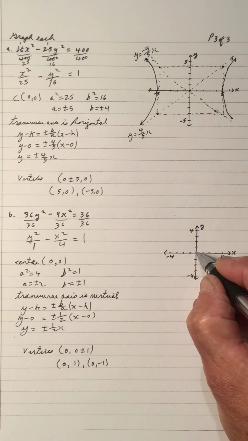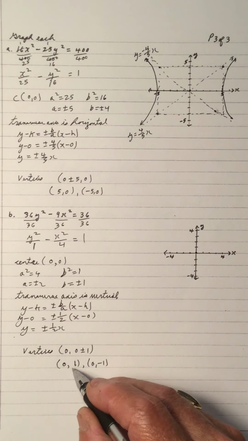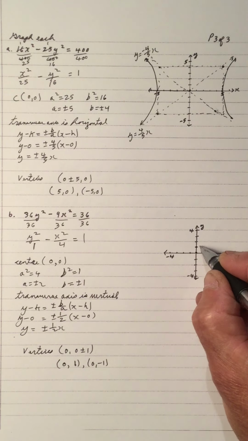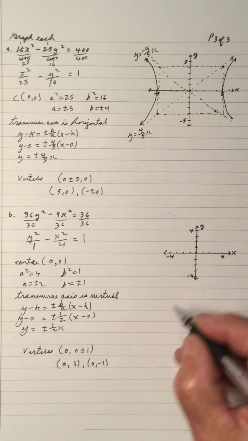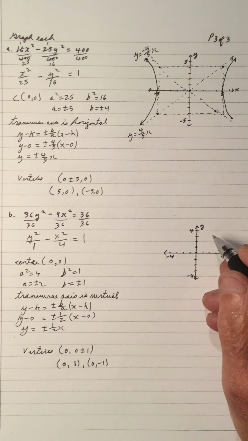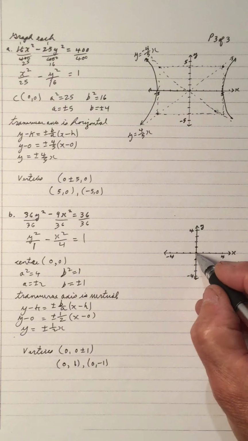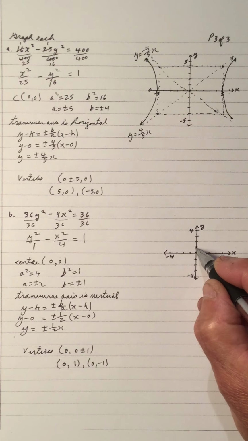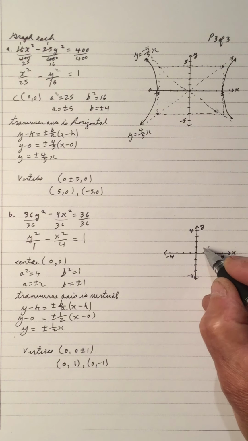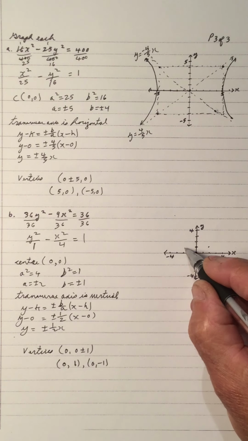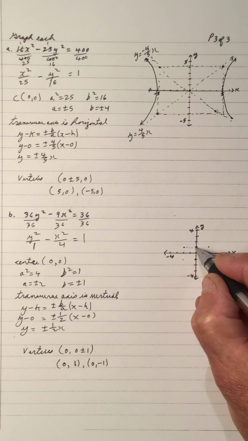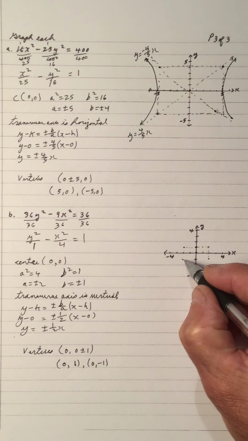The vertices are (0, 1), right here, and the other vertex is (0, -1), which is here. And the asymptotes are plus or minus 1/2 x. So we start here, we rise 1, run 2, rise 1, go left 2, down 1, right 2, down 1, left 2. So this is the rectangular box.